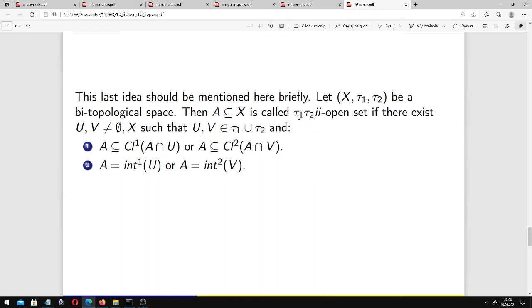Then A is called tau1, tau2 II open set if there exist two sets U, V, both different than the empty set and the whole universe, such that each of them is open at least in one of these topologies, so U, V, they both belong to the union of tau1 and tau2, and A is contained in closure with respect to topology 1 of the intersection of A and U, or is contained in closure of the intersection of A and V. Analogously, A should be an interior of U, or A should be an interior of V, here with respect to topology tau1 and here with respect to topology tau2.